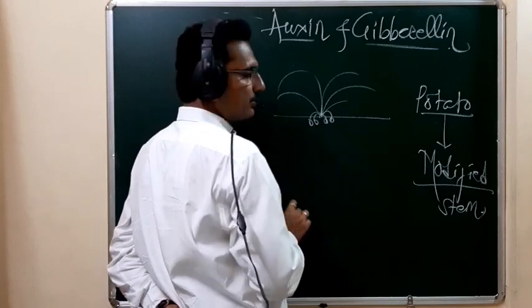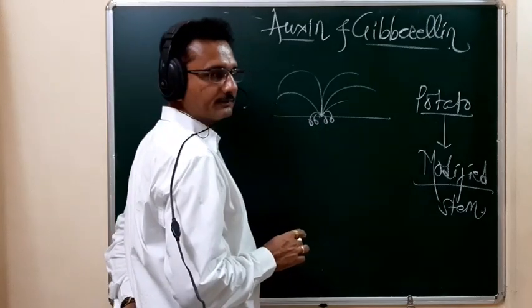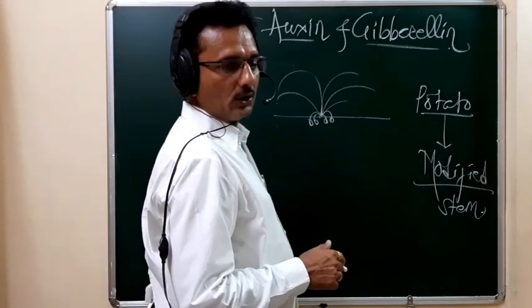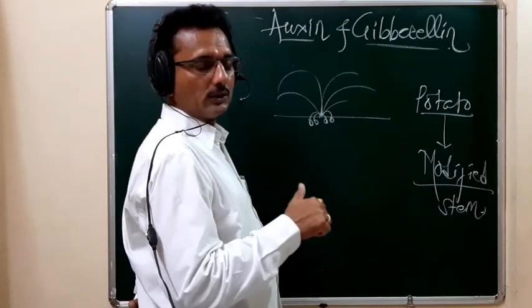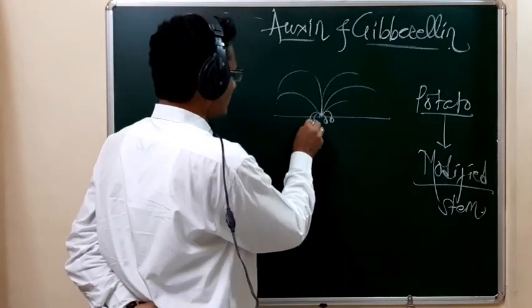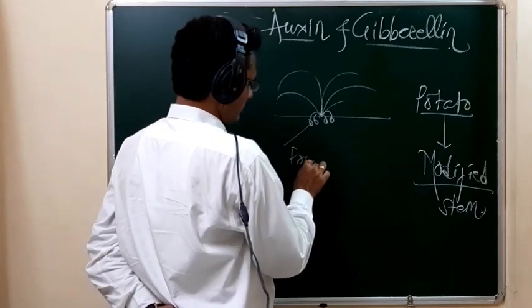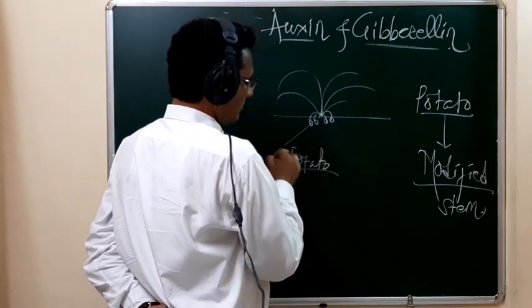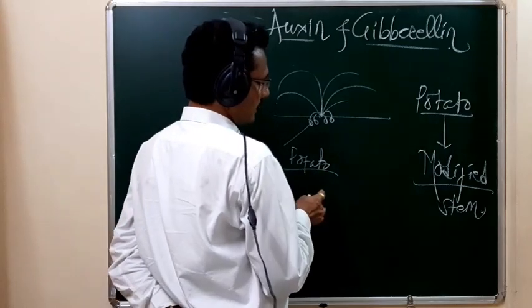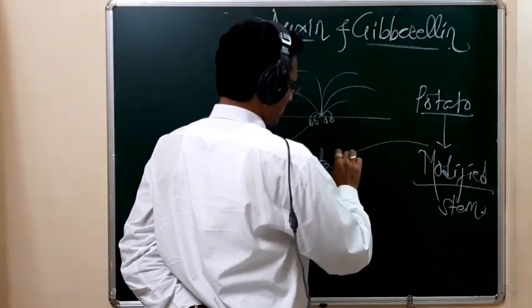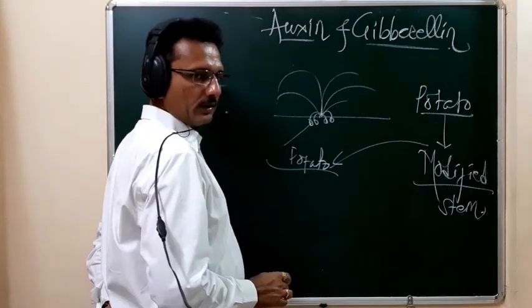This swollen portion of the lateral branch grows downward. Such swollen portions are called potatoes. So I think you understand how it is a modified stem.